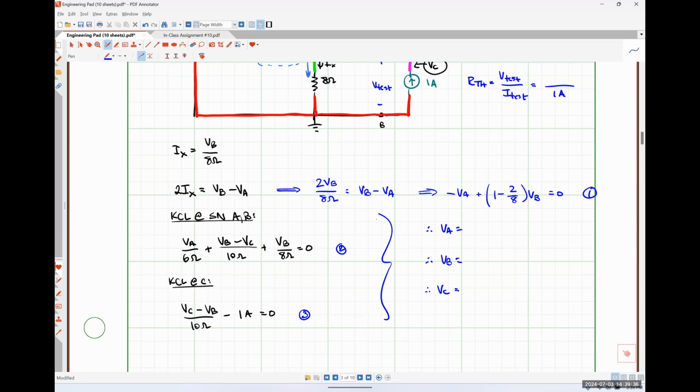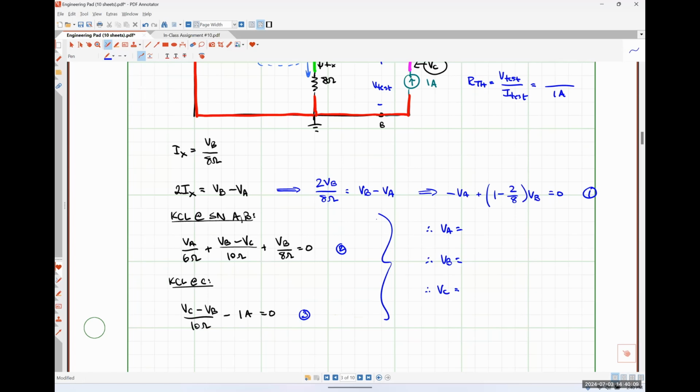In my second equation, my coefficient for VA is 1 over 6. My coefficient for VB is 1 over 10 plus 1 over 8. My coefficient for VC is -1/10. My constant term is 0. In my third equation, my coefficient for VA is 0. My coefficient for VB is -1/10. My coefficient for VC is +1/10. And my constant term is +1.